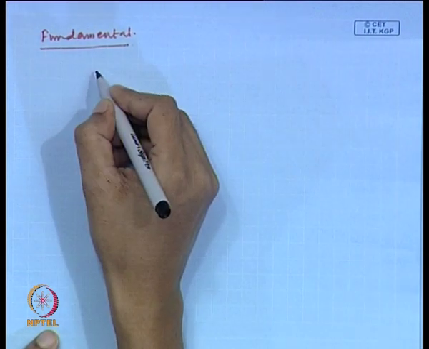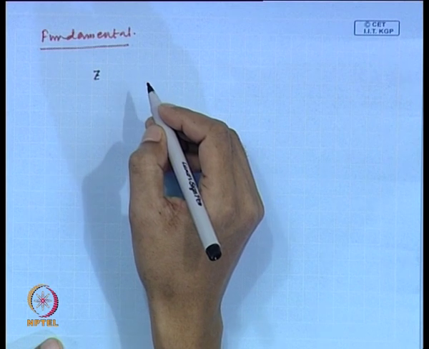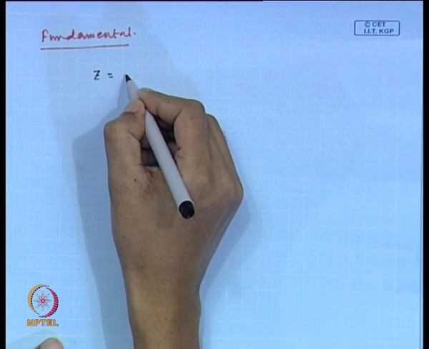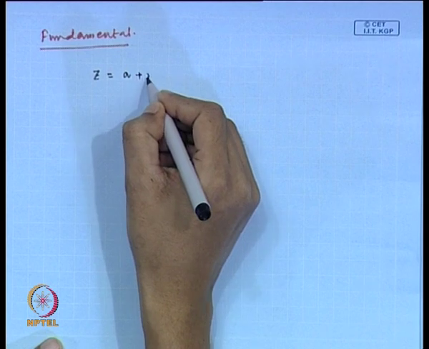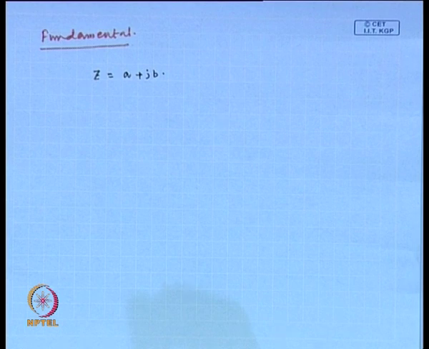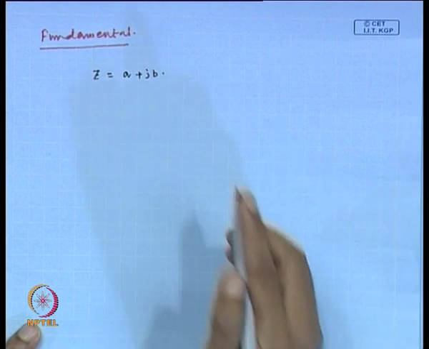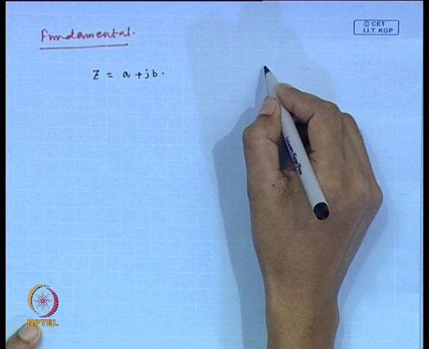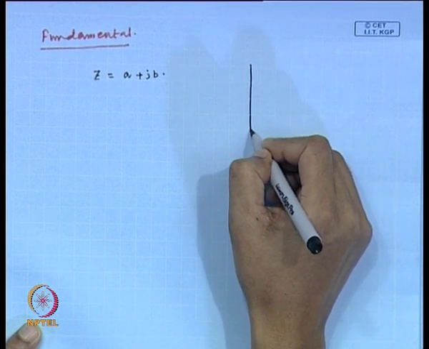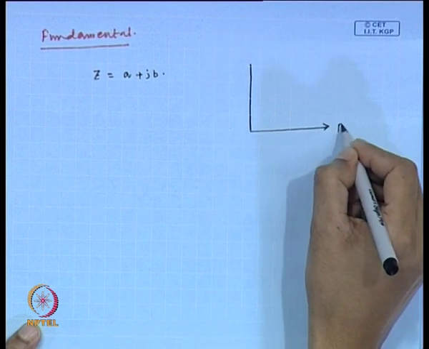A complex number denoted by Z, whose real part is A and imaginary part is B, can be expressed as Z equals A plus jB. Z is the complex number. Now, in the complex plane, we will locate the Z.